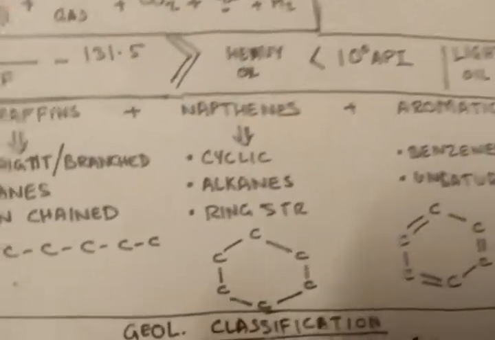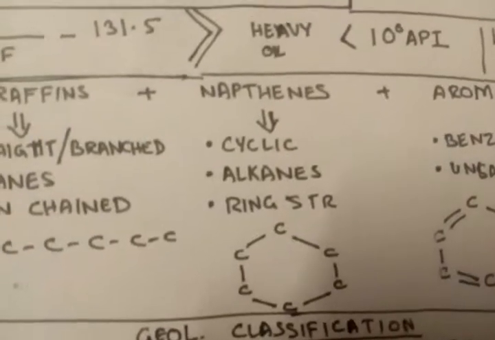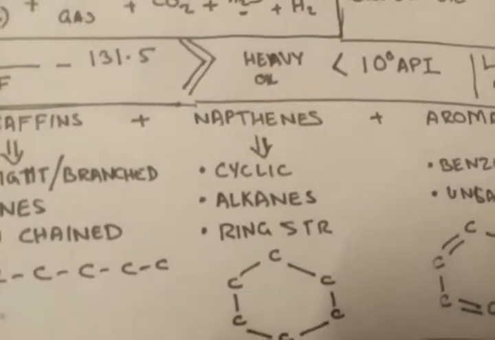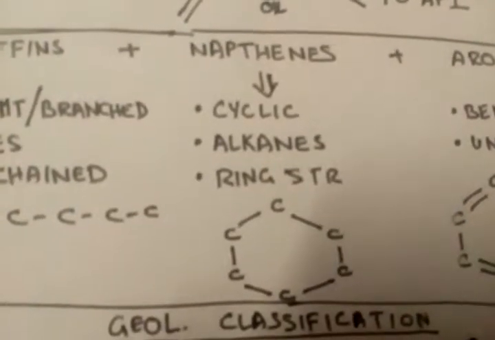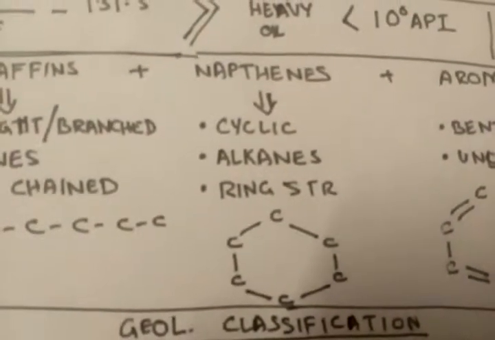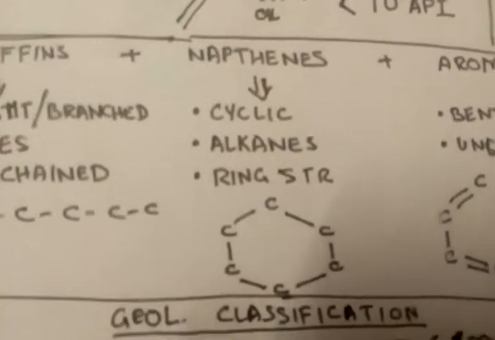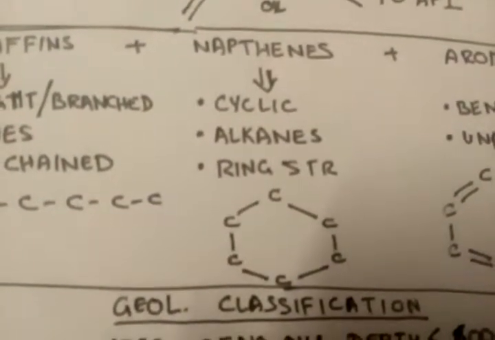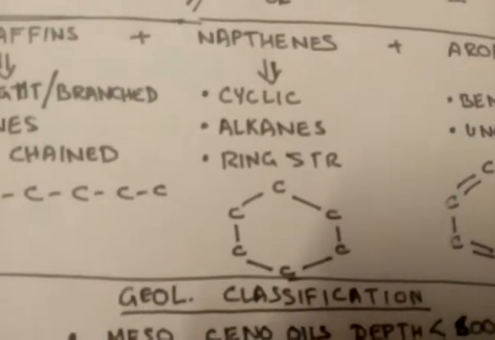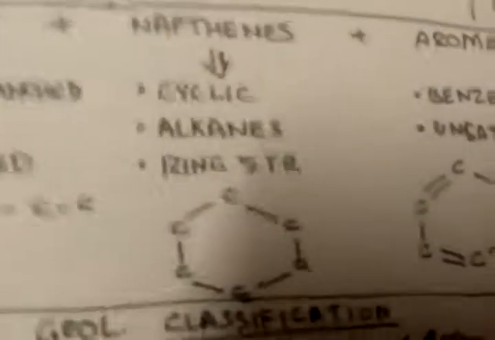The next is naphthenes. These are cyclic alkanes. Since they're alkanes, they all have single bonds and a ring-like, closed structure, or derivatives of these closed structures. They're cyclic in nature, but all bonds are again single bonds.